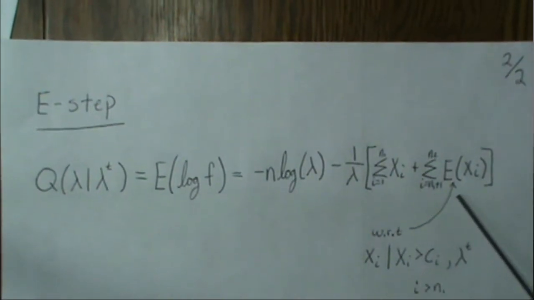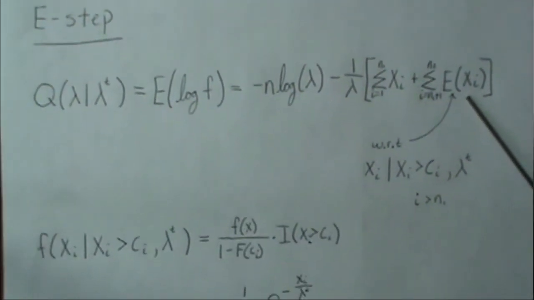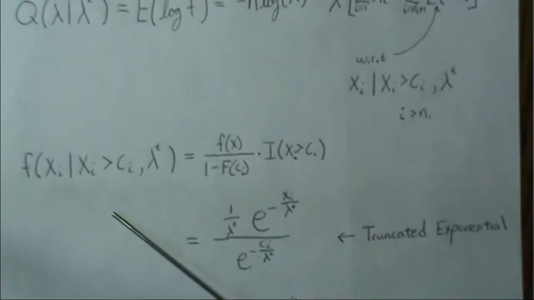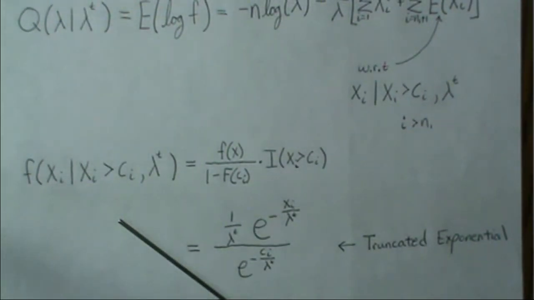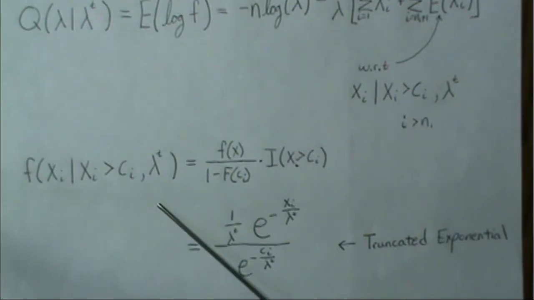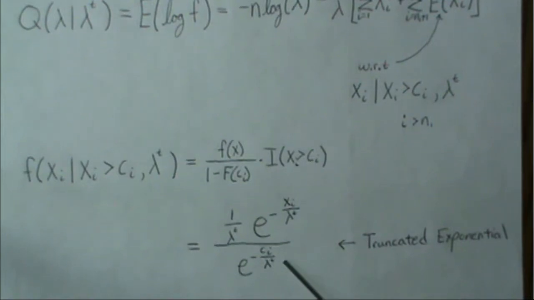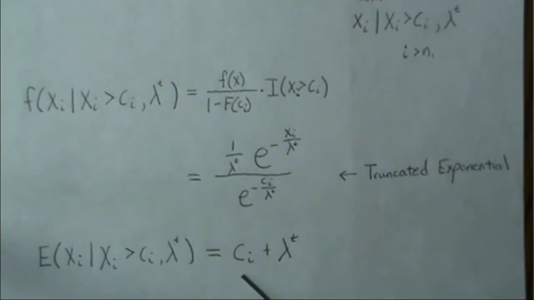So everything's a constant except for this, our missing data, so the expectation comes in there. Well, it turns out that this is what's called a truncated exponential distribution. And I do a video on that, and I'll put a link in the description here, and you can show that the density is this, where we're restricting it to x greater than ci, and the expected value is ci plus lambda.